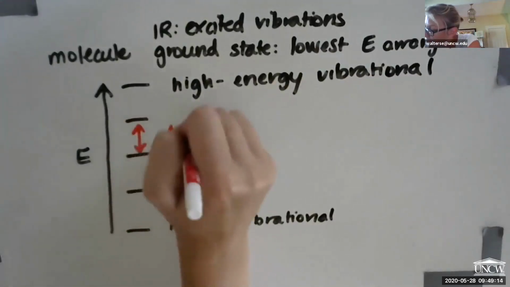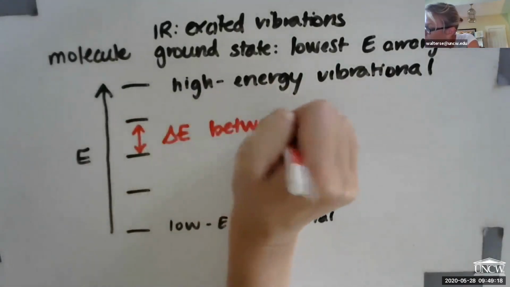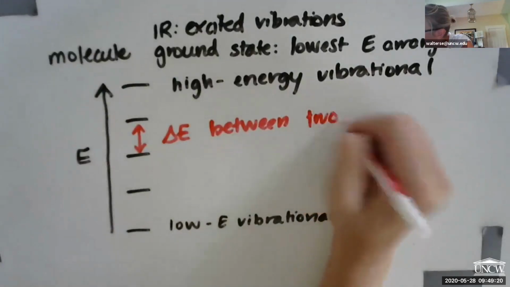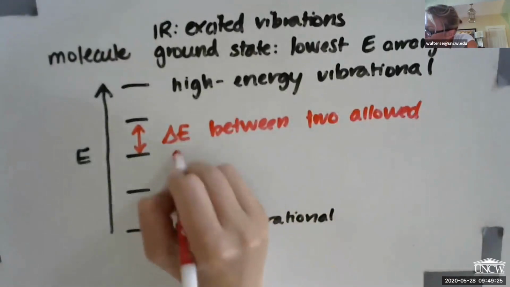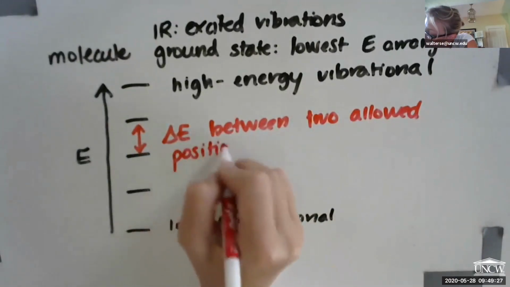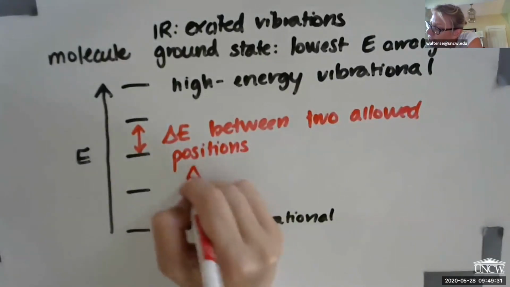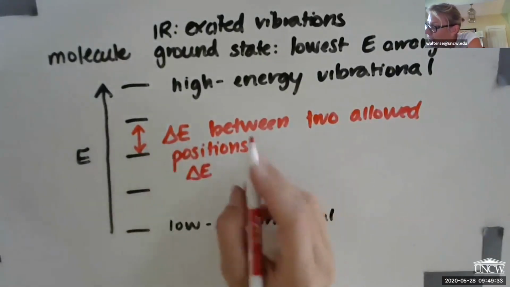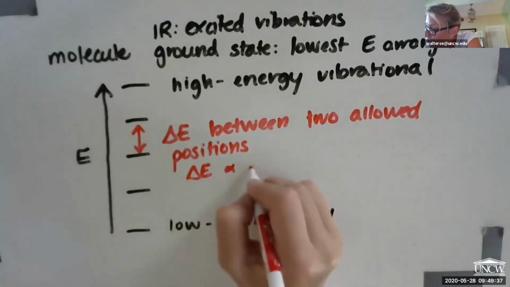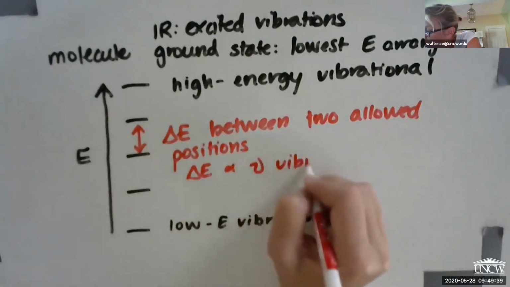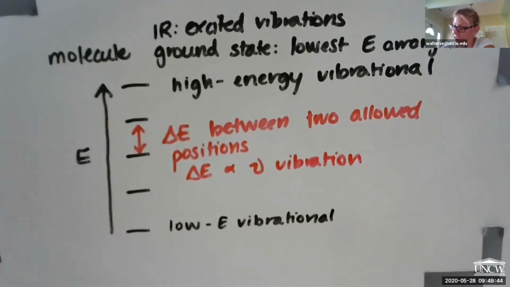This is the difference in energy between two allowed states or allowed positions. The difference in energy between the states is proportional to the vibration frequency, the difference in the vibrational frequencies.